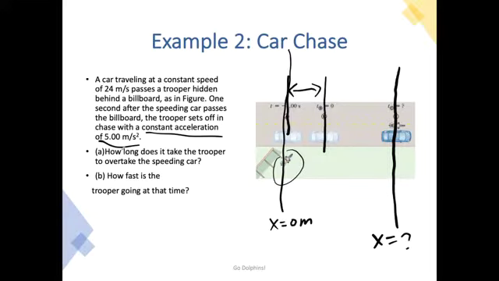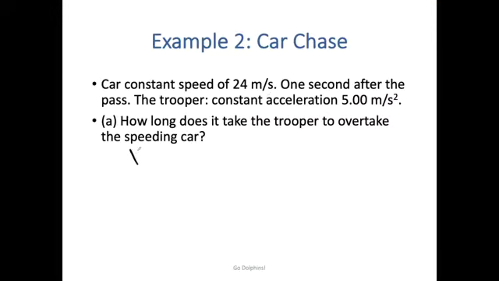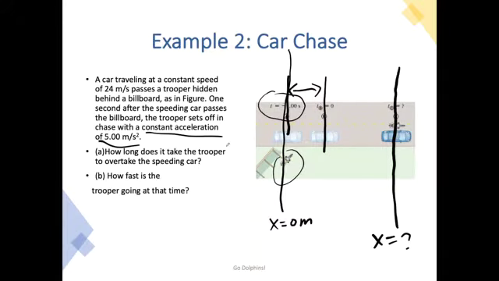So we need to build an equation for the speeder. Let's start from here. How long does this speeder travel? At t equals 0, what's the position of the car? It's constant velocity, right? Constant velocity and travel for 1 second. So what is this displacement?